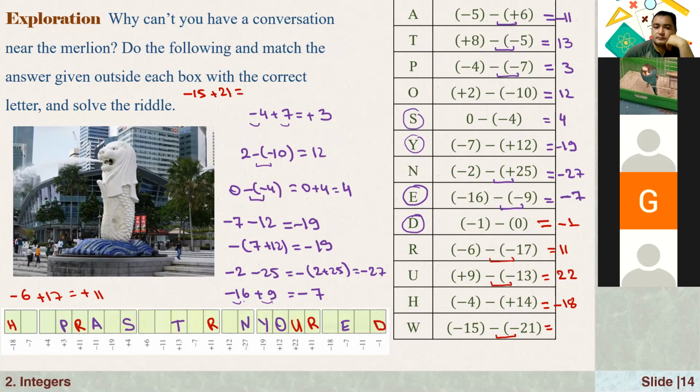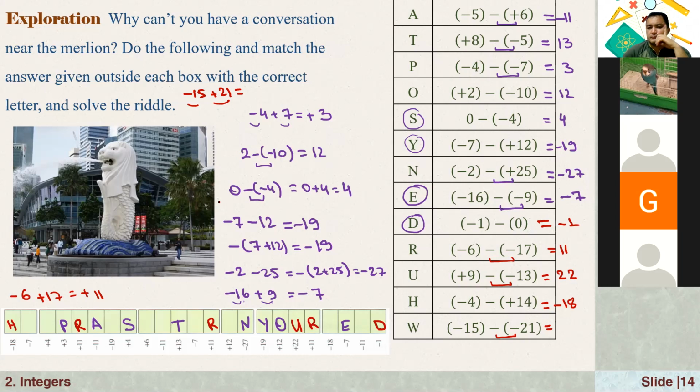Minus 15 plus 21. They have opposite signs, right? So here we have minus 15 plus 21. What is minus 15 plus 21?